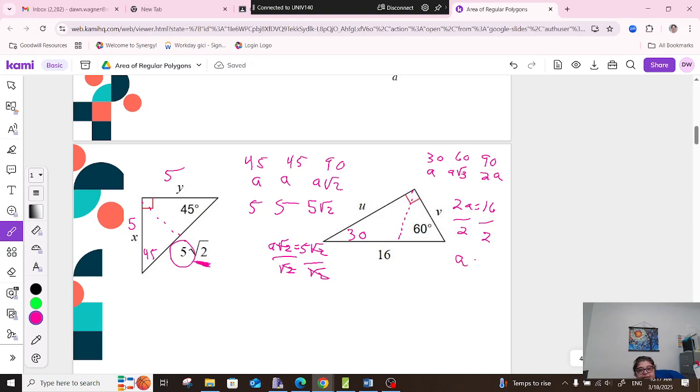So a is equal to 8. So across from the 30 would just be 8. What would across from the 60 be? 8 square root 3. And that was a long time ago, right?